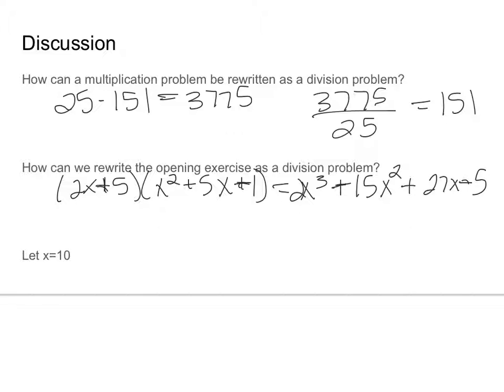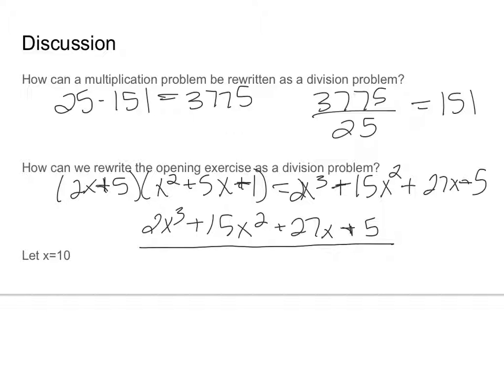To rewrite that as a division problem, I would take 2x cubed plus 15x squared plus 27x plus 5 divided by 2x plus 5. And that's going to equal x squared plus 5x plus 1. I did not leave enough room. So I just rewrote my exercise as a division problem.